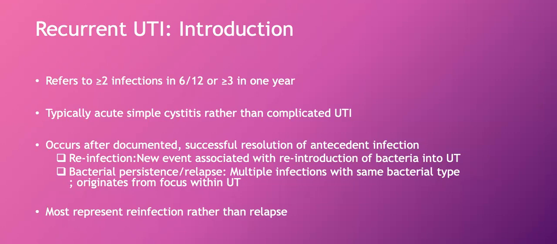It can be divided into 2: reinfection, where there's a new event associated with reintroduction of bacteria into the urinary tract, or bacterial persistence or relapse, where there are multiple infections with the same bacterial type, and it originates from a focus within the urinary tract. Most of these recurrent UTIs represent reinfection rather than relapse.